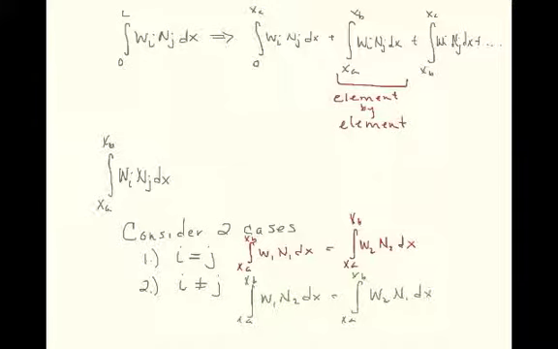As you look at these, you should think to yourself, I know the definition of W1 and the definition of W2. Consider the first case, i equals j: the integral from xa to xb of W1 N1 dx. The same will be true for W2 N2. Now, let's substitute in for W1 and N1.